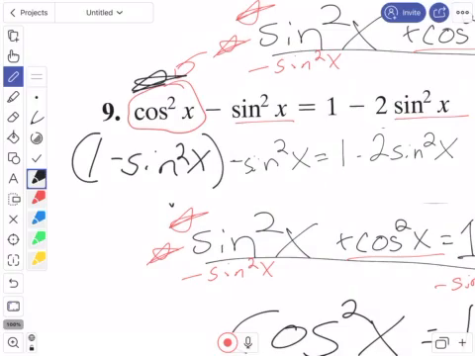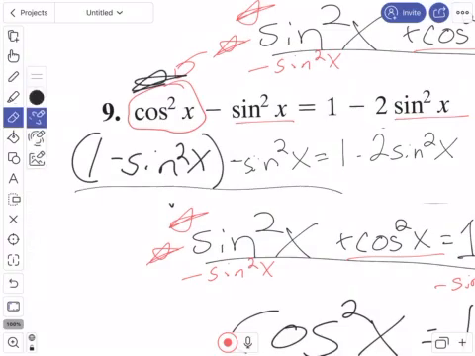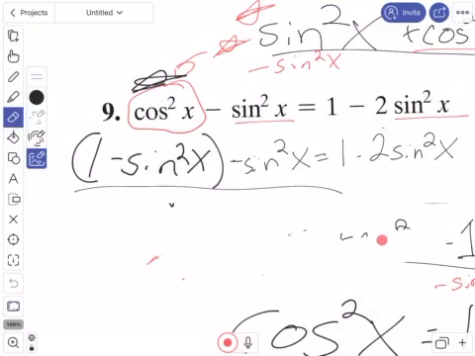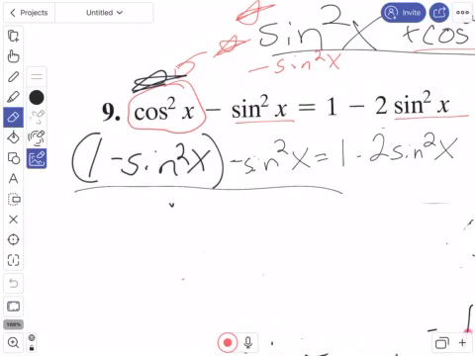All right, and then on the left side here, what can we combine? What can we take further? Well, although I put parentheses around 1 minus sine squared of x, you should notice that we can combine the second sine squared of x with the first.